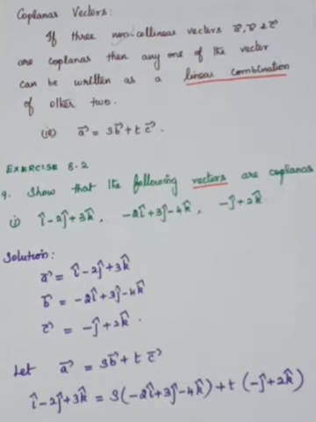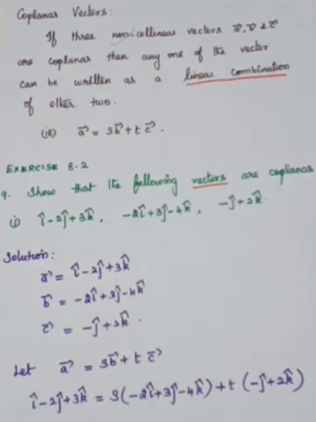So equating the components of i cap, j cap and k cap, the coefficients have to be equated and we form the three equations. You have to consider any two equations and solve. By solving we can find the values of s and t.